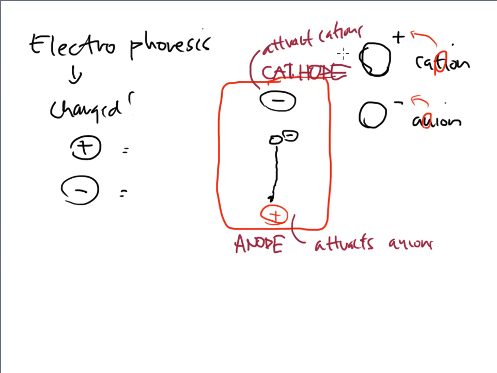So, in electrophoresis, in a roundabout way, I had to give kind of this explanation first. In electrophoresis, what we're doing is that we are creating charged environments like this. And these charged environments are going to be made up of an anode, which is going to be positively charged, and we're going to create a cathode that is going to be negatively charged.